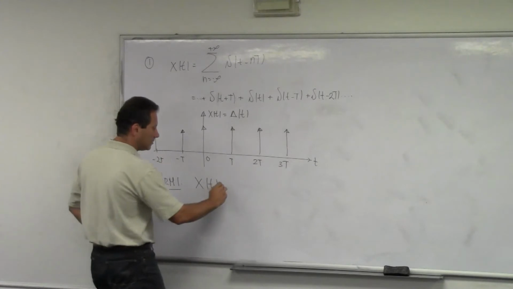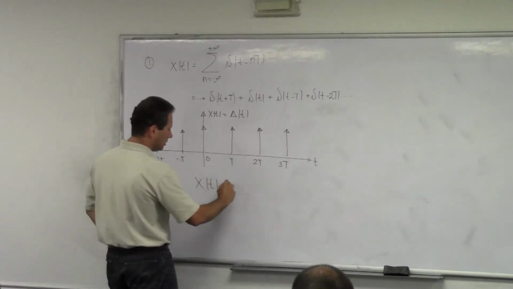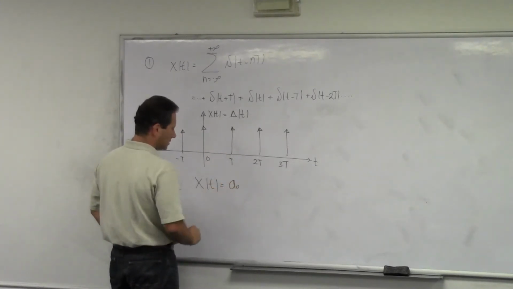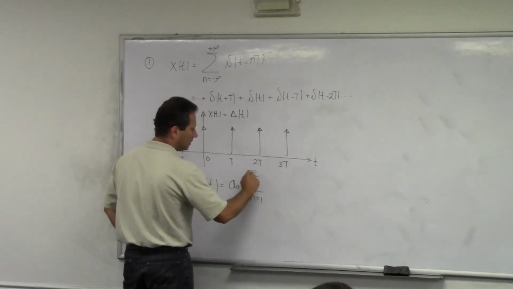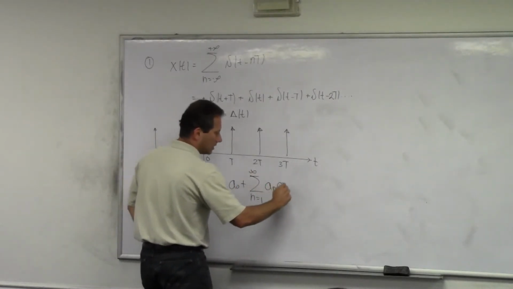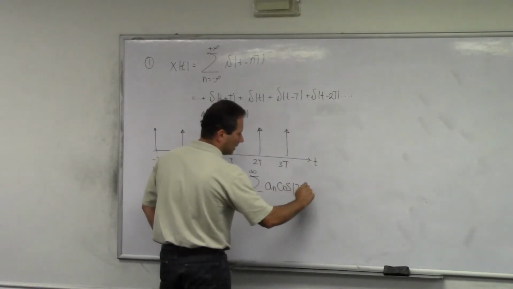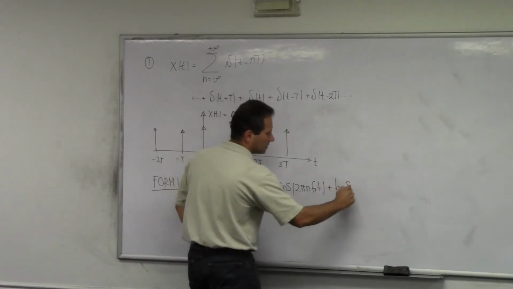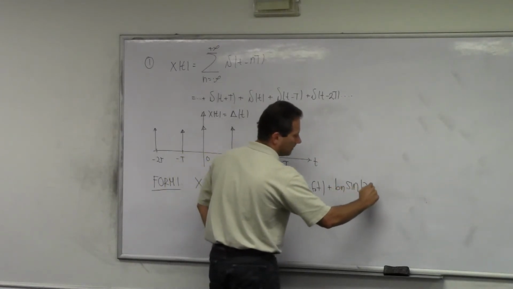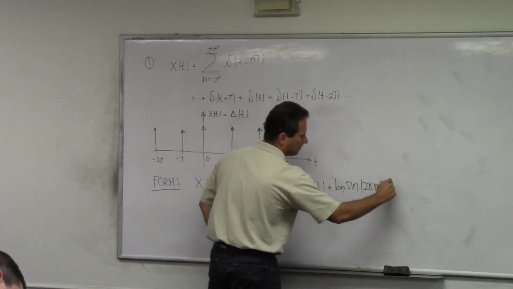First I write what I need to calculate. So I'm going to express x of t as a0 plus the sum, when n goes from 1 to infinity, of an cosine 2 pi n f0 t plus bn sine 2 pi n f0 t.